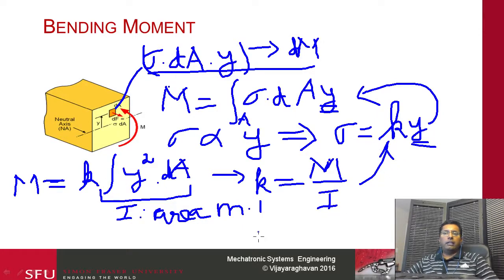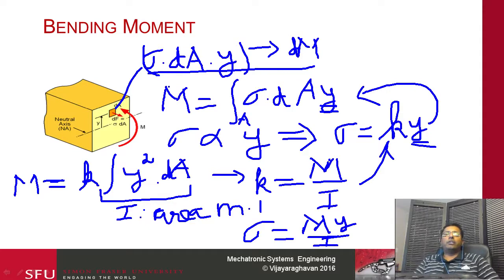That means my sigma becomes My over I. This is a standard bending stress equation you would have learned all over the place. This is the standard bending equation that we know and love.